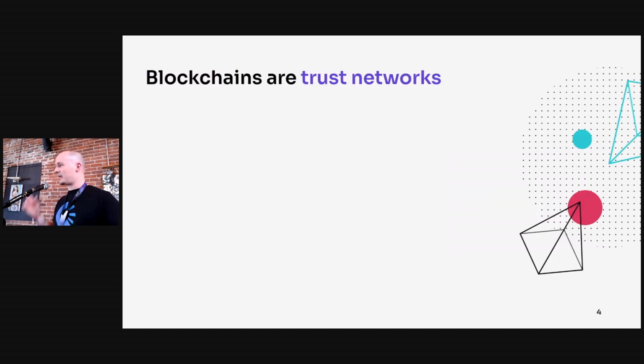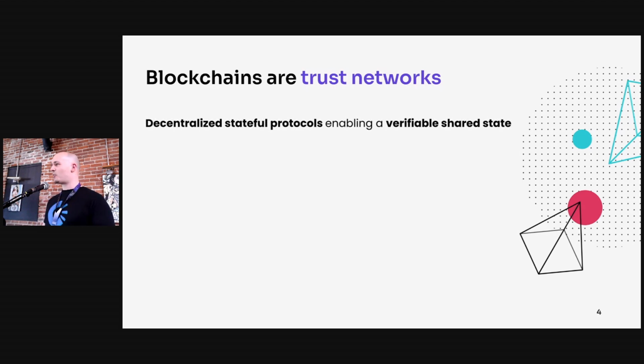But before we go really quickly into that, I know you guys know about blockchains. I'm sure what I'm going to say on this slide is very familiar, but I just want to make one point: blockchains are really trust networks. And as trust networks, they run on decentralized stateful protocols, which enable a verifiable shared state.